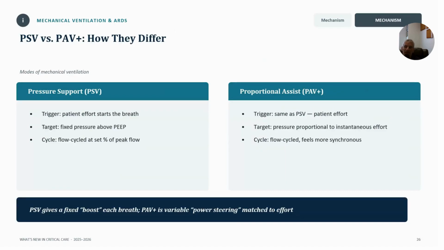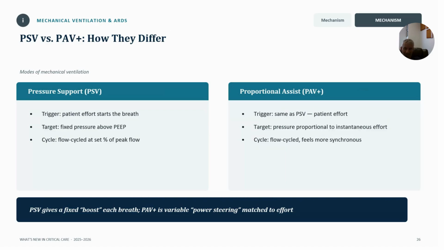Once again, we talk about trigger, target, cycle. So trigger: the patient starts the breath; target: a fixed pressure above PEEP; and it cycles when you stop flowing air. Proportional assist ventilation is similar: trigger, target, cycle, but the target is a pressure that is proportional to the effort.